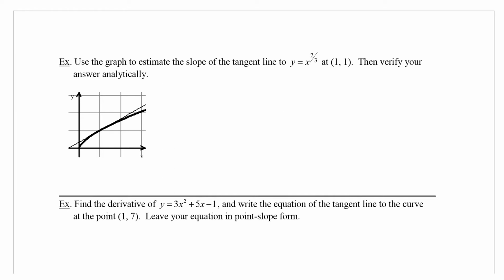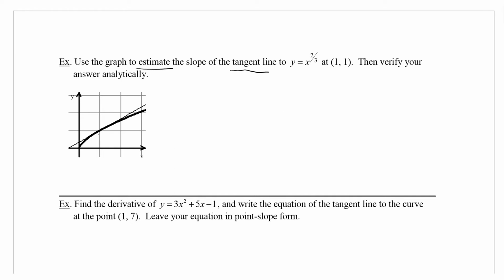In this video, I'm going to finish off the rest of the lesson, starting with the first example of this page. This example says, use the graph to estimate the slope of the tangent line to y equals x to the 2/3 power at (1, 1). Then verify your answer analytically.